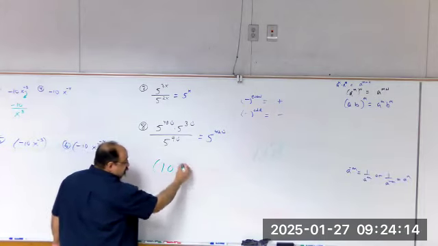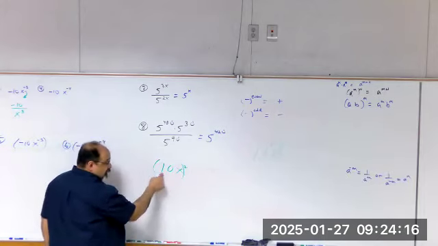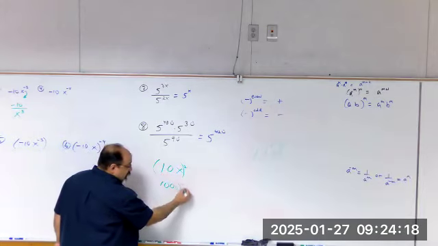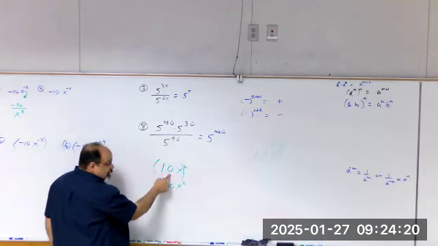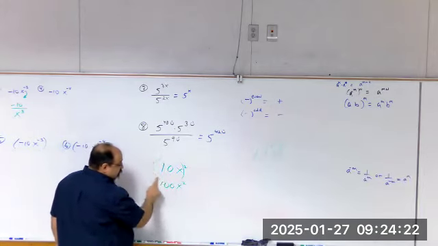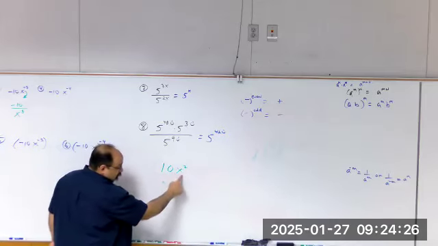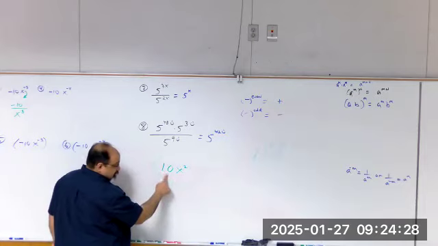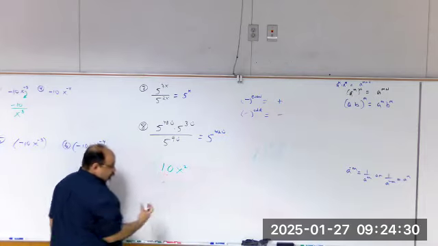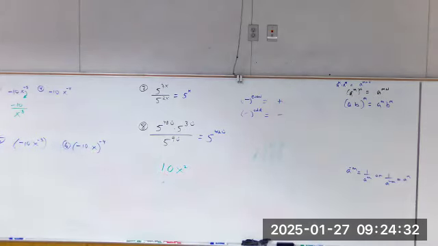Now, if there was parentheses around it, then you would square the 10, and this would be 100 x to the second. But if there's no parentheses, now only x is being squared, not the 10. So is there parentheses, is there not parentheses? What's the base? And if there's ever any question, come on up and ask.